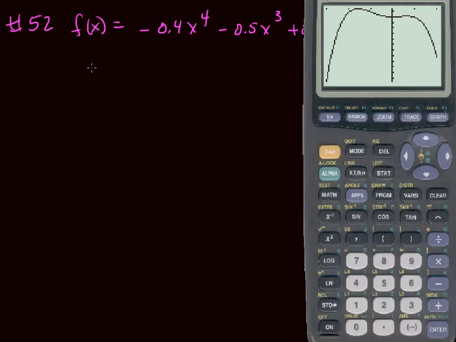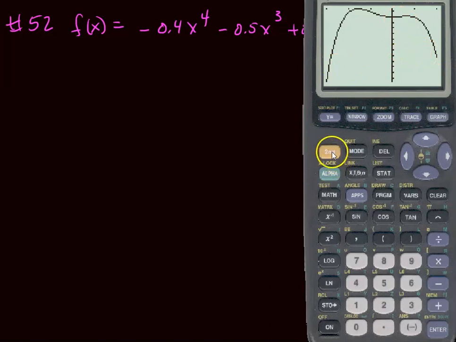We need to find the max, the min, increasing, decreasing. So we need to find these max and min points. There's a maximum here, a minimum towards the middle, and another maximum. This goes back up and back down. So we got to find those three. We know this is -2 and -3 and +2.